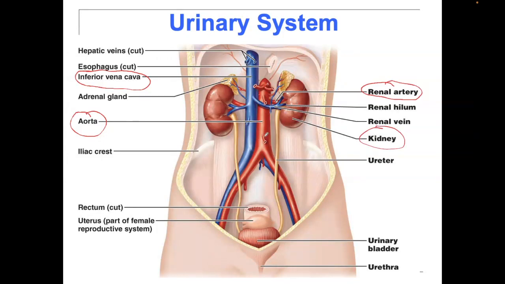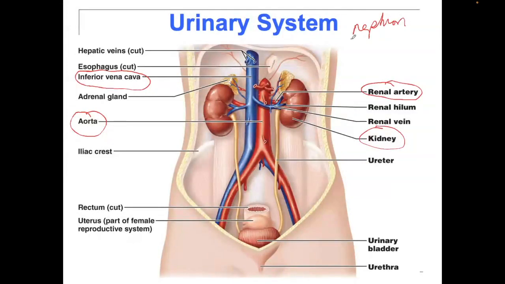Okay, but for now, just keep in your mind, oh yes, I remember the abdominal aorta, and there's a renal artery, and from that, it's going to be bringing blood and oxygen and nutrients to the kidney. And deep within the kidney, there's going to be a structure called a nephron.